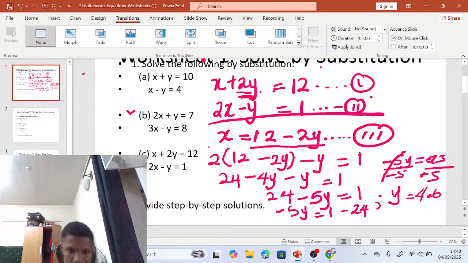Remember that our x is equal to 12 minus 2y. So we have it to be 12 minus 2 times 4.6. Okay, 2 times 4.6 will now be 9.2.